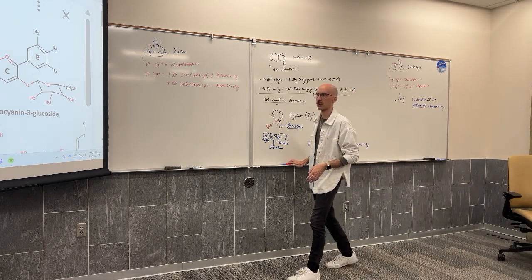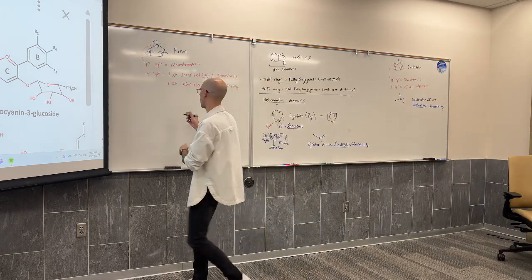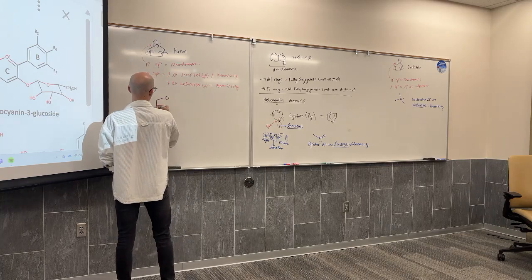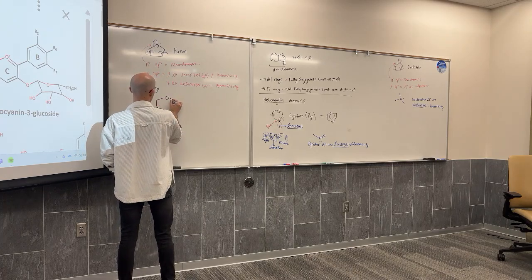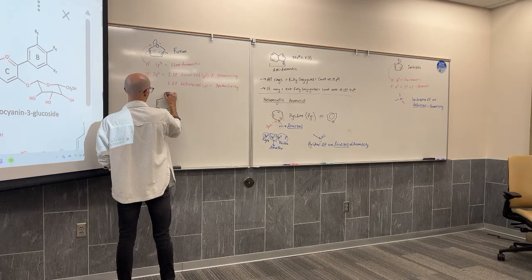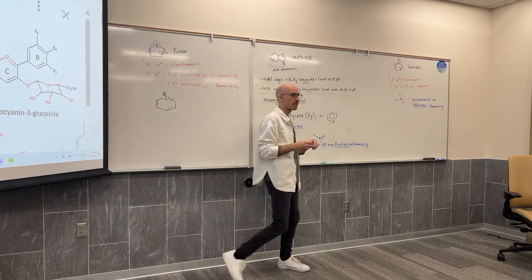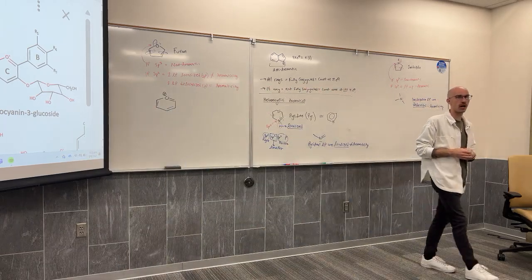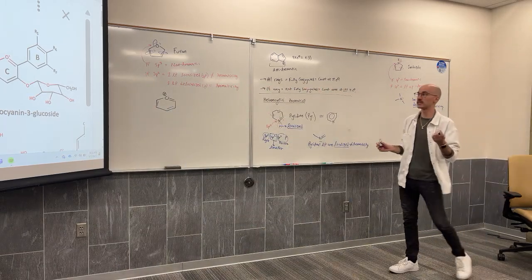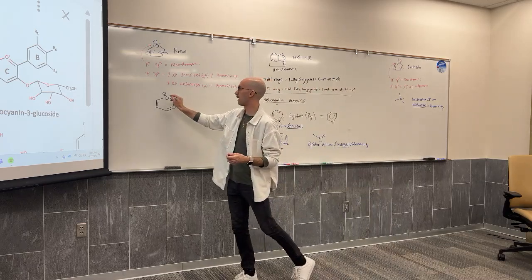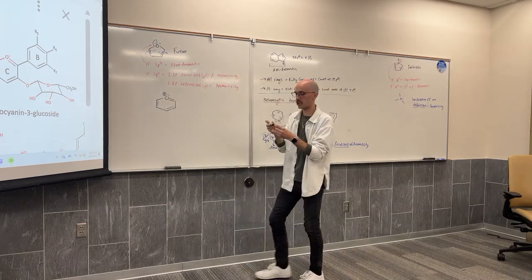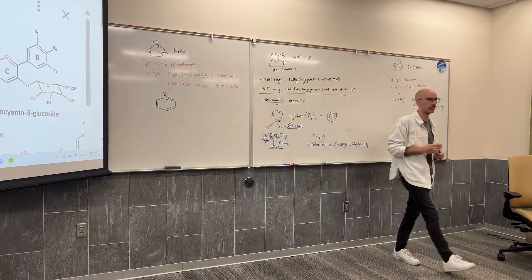I don't want to look at the whole thing though. I'm going to shorthand this to just a six-membered ring. You'll notice that this puts a positive charge on oxygen, which means instead of having two lone pairs, the oxygen now just has one lone pair.